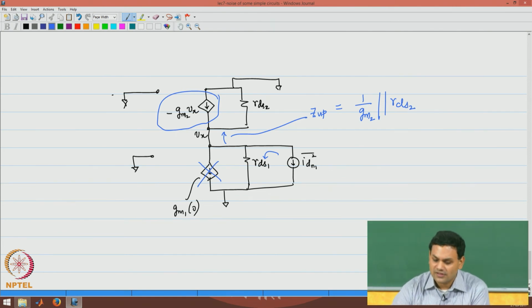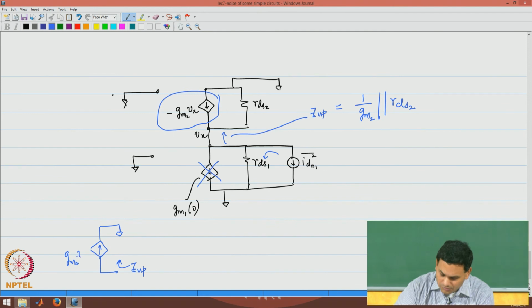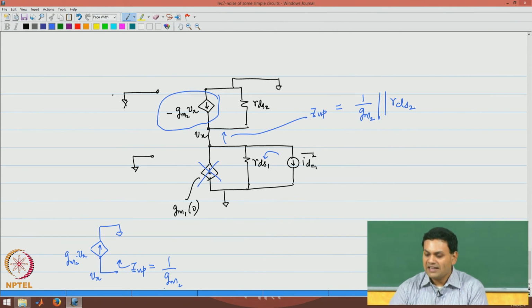Please note that the direction of the current source can be changed, and if you are trying to find Z up, this is purely 1 over GM2, and that is of course in parallel with RDS2.